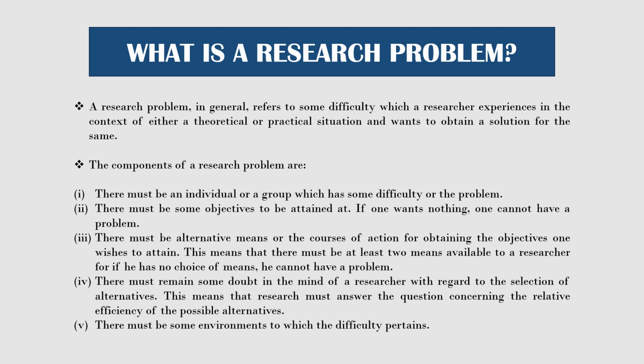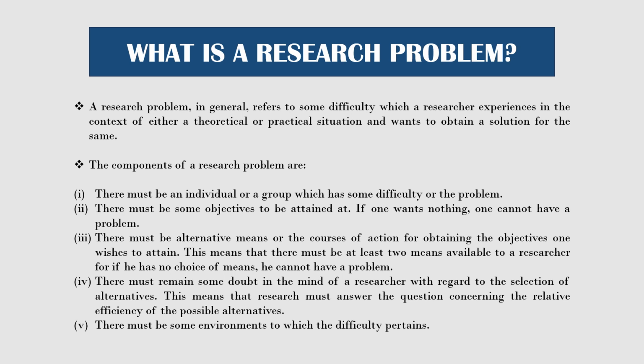So there must be a choice for us to select a particular research method to get our solution to the research problem. Then there must be some doubt in the mind of the researcher so that he can go through all the alternatives that are presented in front of him and choose the correct one so that we can get to a good solution.